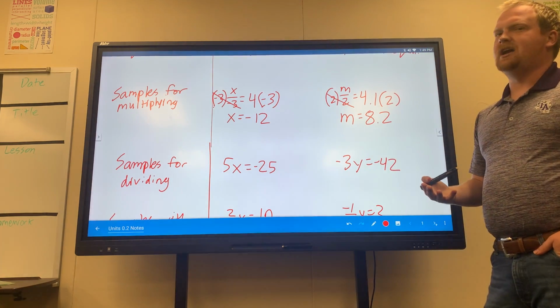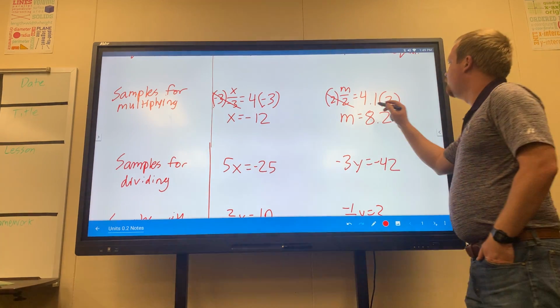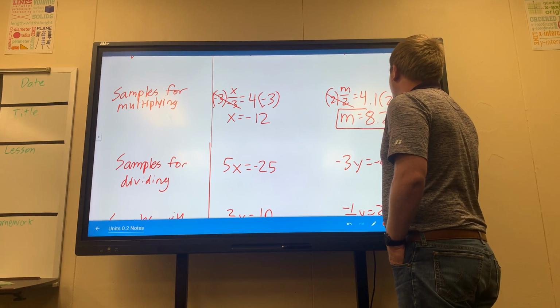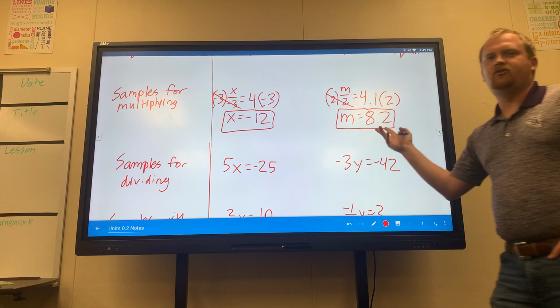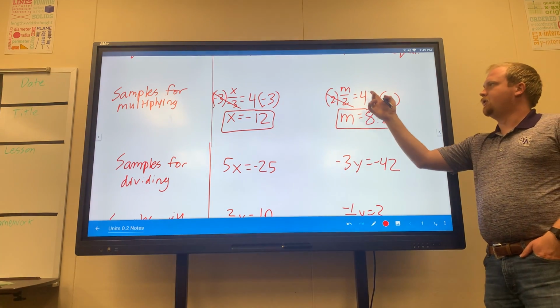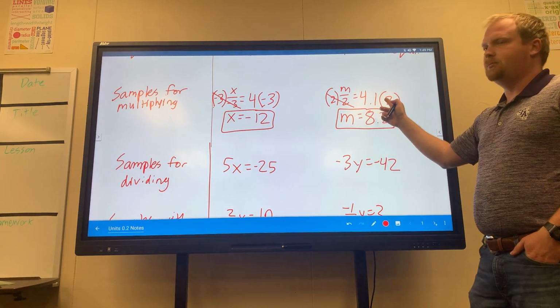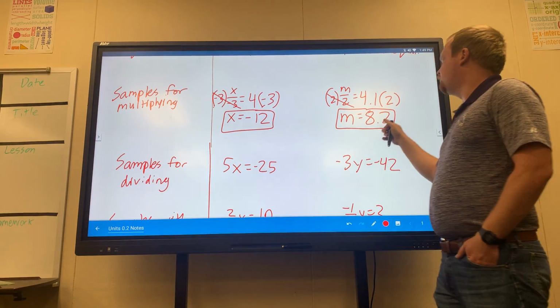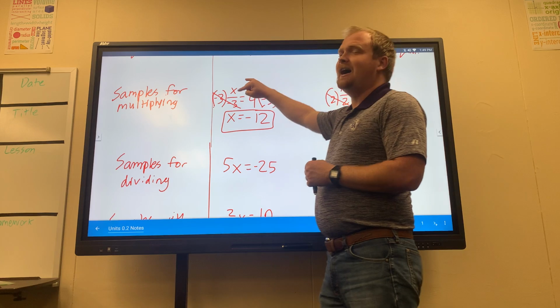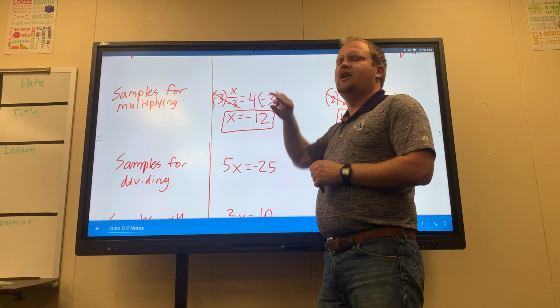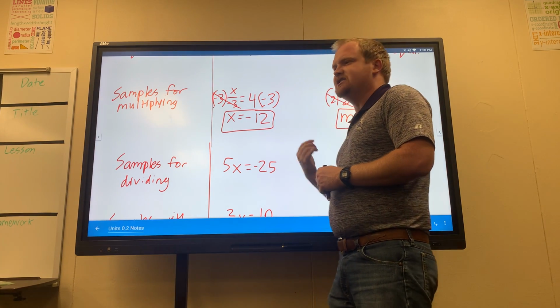Since the m is by itself and it's positive, that's all I have to do. So the answer for m divided by 2 equals 4.1 is m equals 8.2. Since they're dividing each other, I have to do the opposite, which is multiplying.